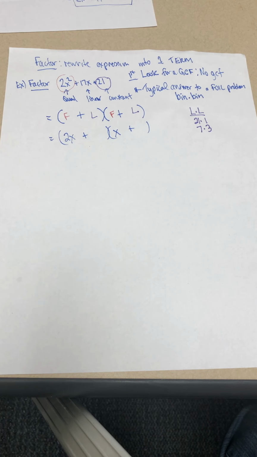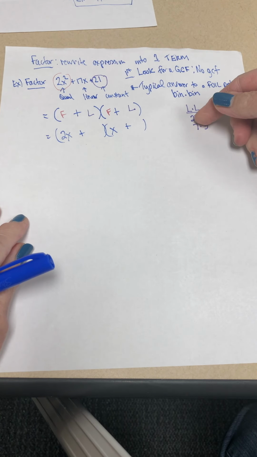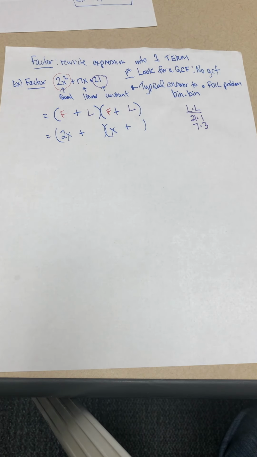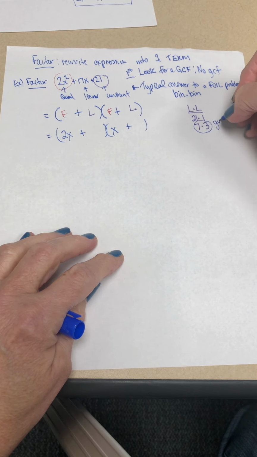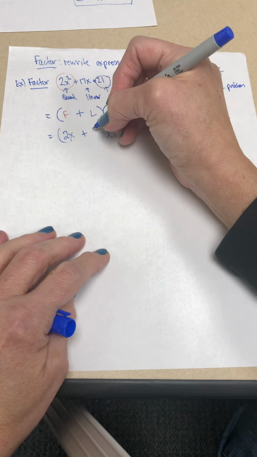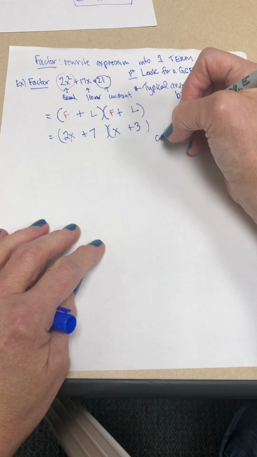Is it the 7 and the 3, and where do they go? Is it the 21 and 1? Well, we know the 17 is outer plus inner, and everything's positive, and if I put that 21 in, the middle term's going to be bigger than 21. I just don't think it's 21 and 1. So I'm going to guess 7 and 3. And I'm just going to randomly guess that the 7 is going to go here and the 3 is going to go here. Now I check.